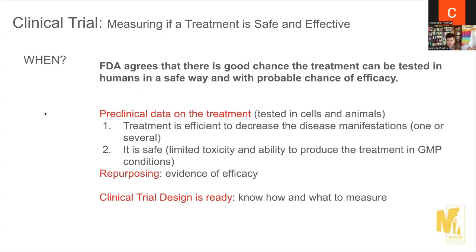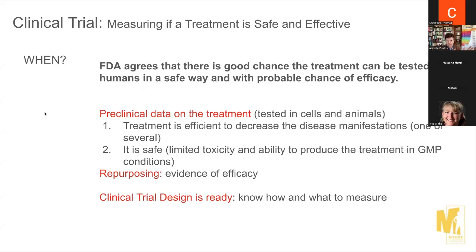So that's what we talked about last month. You need to have data and proof that it works in cells and animal models. So you want to prove that the treatment is efficient to decrease the disease manifestations. It depends, for example, if you want to target tracheal stenosis, you will have a very specific clinical trial, and you want to prove that this treatment preclinically, so on cells and animals, is going to change tracheal stenosis.